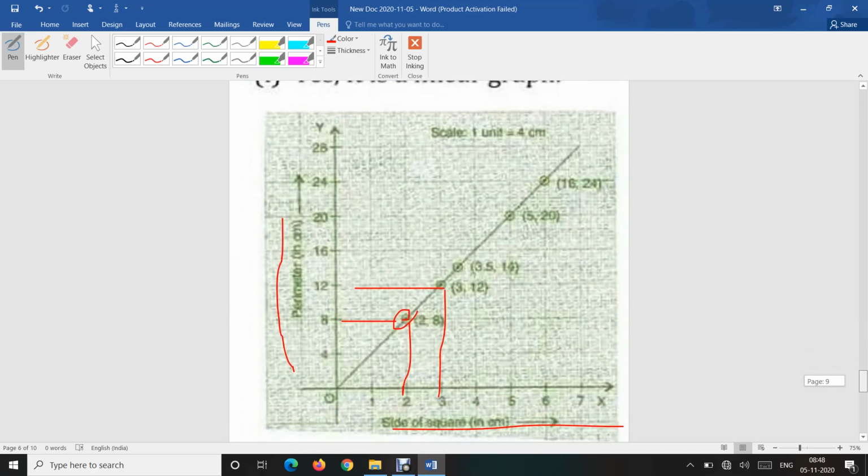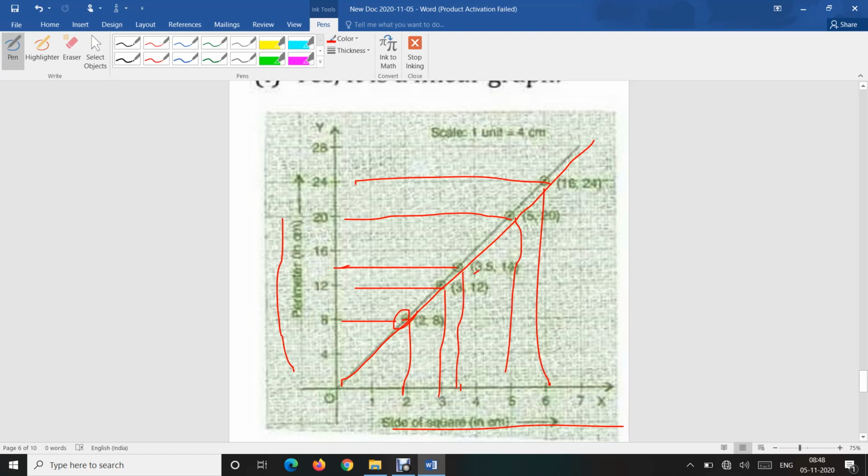So 3.5 will lie somewhere between 3 and 4, and the data 14 will lie somewhere between 12 and 16, and it will be that coordinate. Now when the side is 5, parameter is 20, and when the side is 6, parameter is 24. Now you can join all these points and it is making a linear graph.